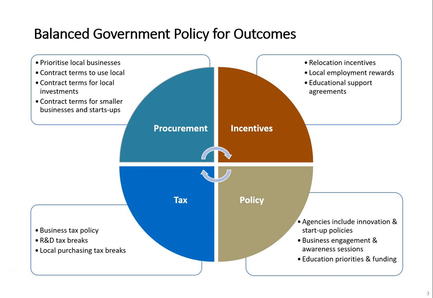Ongoing engagement and awareness on both how to work with government and what government seeks from business. The role in education at universities, trades, and schools. Tax is another area of government influence, with familiar tax breaks, support for research and development, as well as local purchasing support. An integrated, balanced approach across the areas enables the development of growth as well as the economic and societal return.